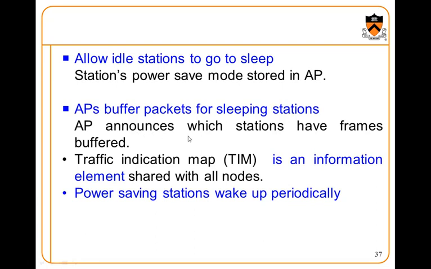Access point announces which stations have frames buffered, and then the traffic indication map is an information element shared with all nodes. So this traffic indication map actually provides information about which node has data with that access point. And then the access point is responsible to deliver that data to the particular node.